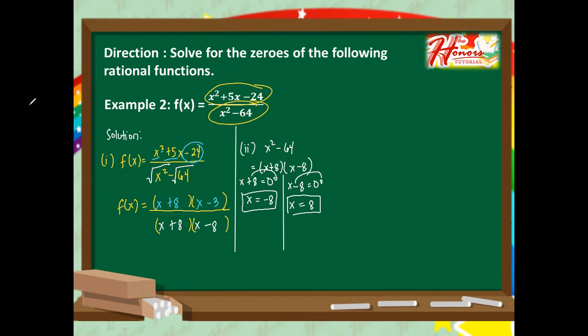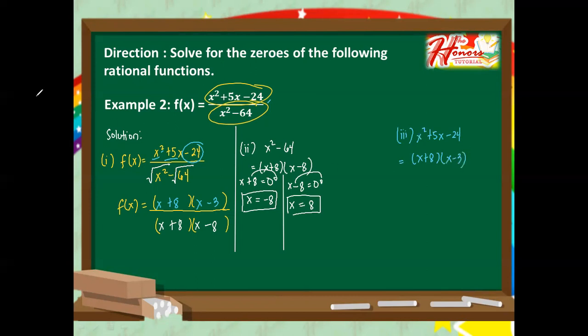Okay, so let's have the next step here. For the next step, we have to identify the values of x that will make the numerator 0. So we will be focusing on the numerator, and that is x squared plus 5x minus 24. Since we already factored this out, we will be using the factored form, and that is the quantity of x plus 8 times the quantity of x minus 3.